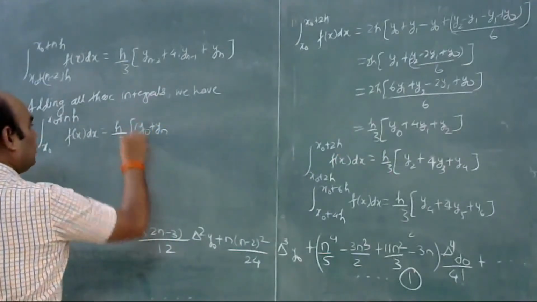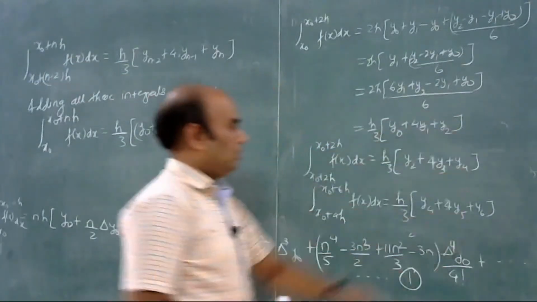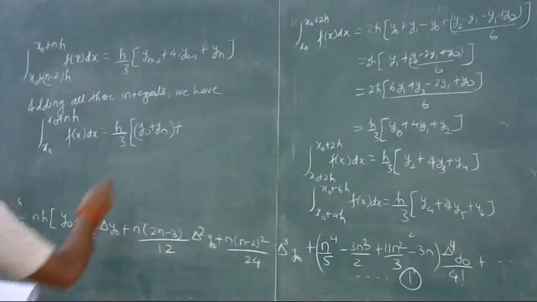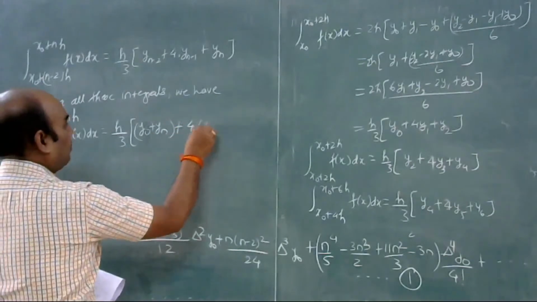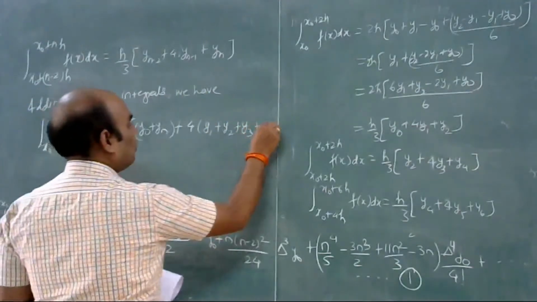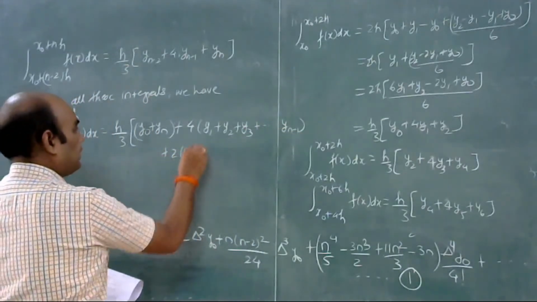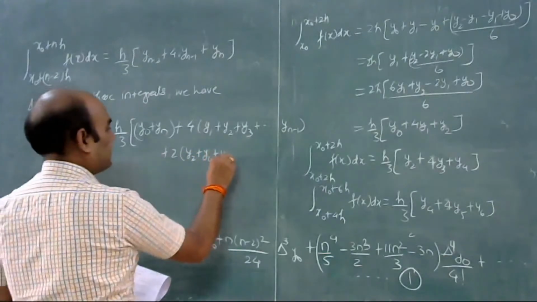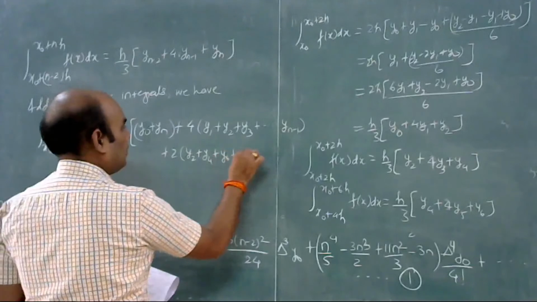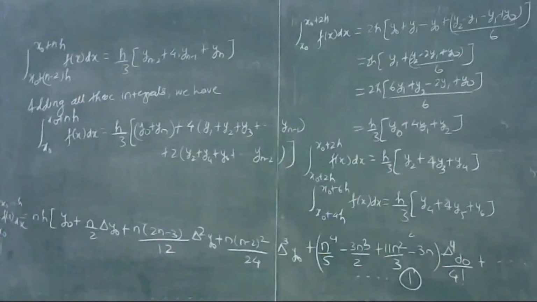Okay, so they will be clubbed together, and these are odd terms, plus 4 times y1 plus y3 up to y n minus 1, plus twice y2, y4, y6, the even terms. Okay, so this is known as Simpson's 1/3 rule.